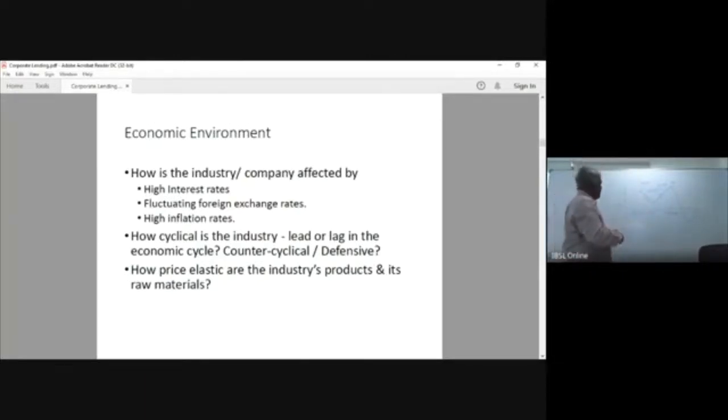Now, when it is boom, what will happen? The GDP is maximum. Economic growth is positive and the growth rate is increasing.